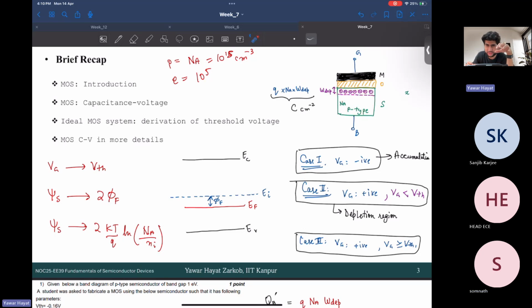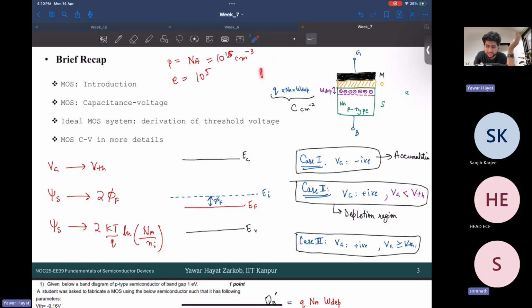But when I apply gate voltage, I'm essentially modulating the concentration of electrons at the surface. I'm increasing that when I apply a positive gate voltage for a P-type substrate MOSFET, I should say NMOS. So it increases from 10 to the power 5 all the way till 10 to the power 15.